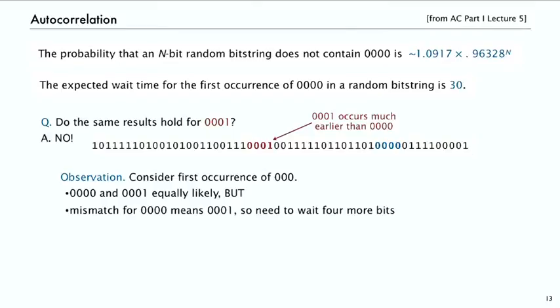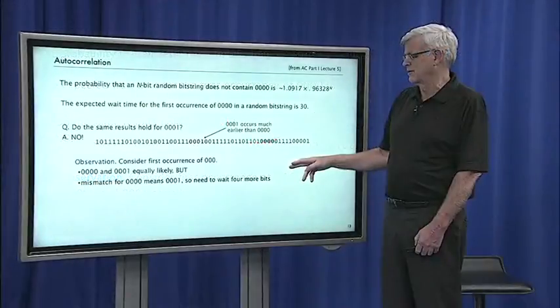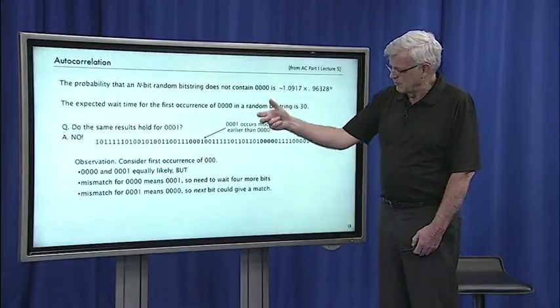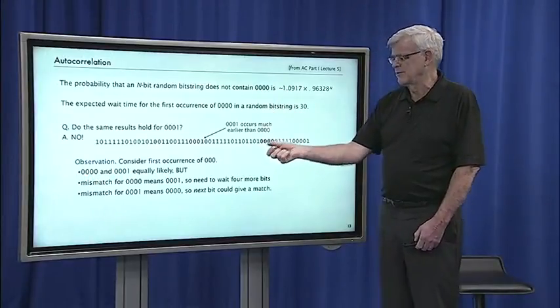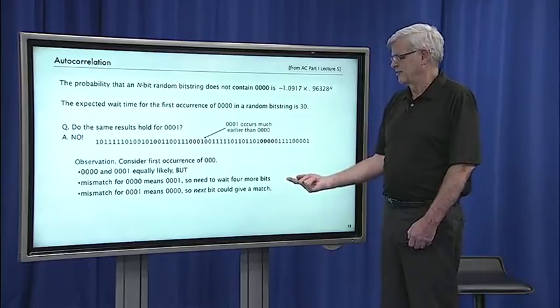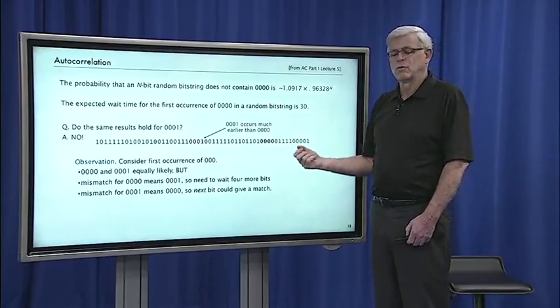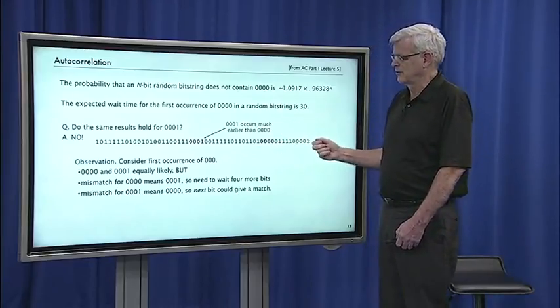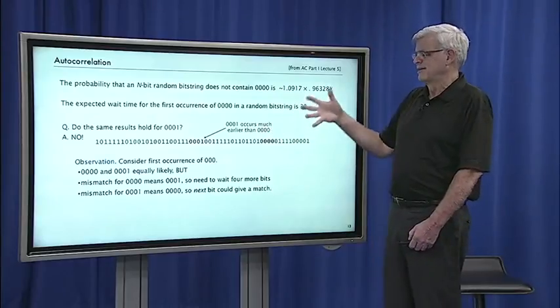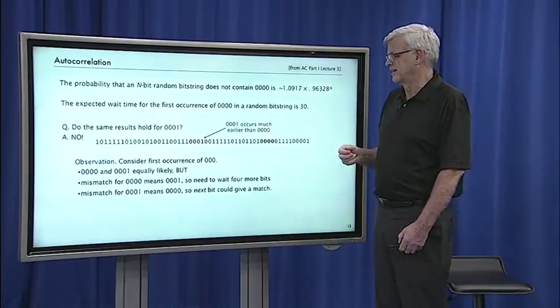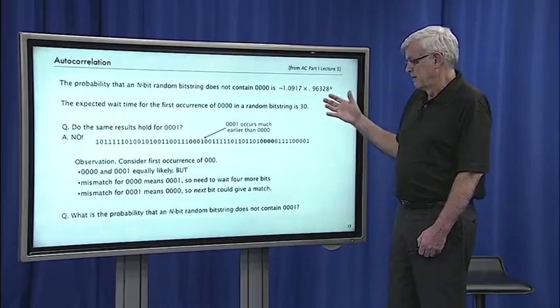But if the next bit is a 1, then you know you're going to have to wait 4 more bits to find 000. But if you're looking for 001 and the next bit is a 0, it could be that the next bit gives a match. So you ought to find 0001 sooner than 0000. That's just intuition. We'll show this analytically in just a minute.